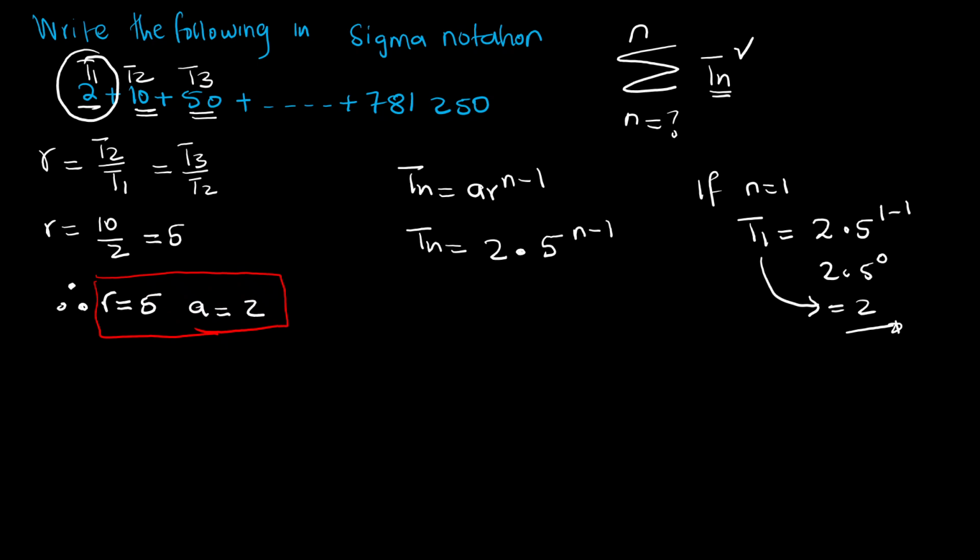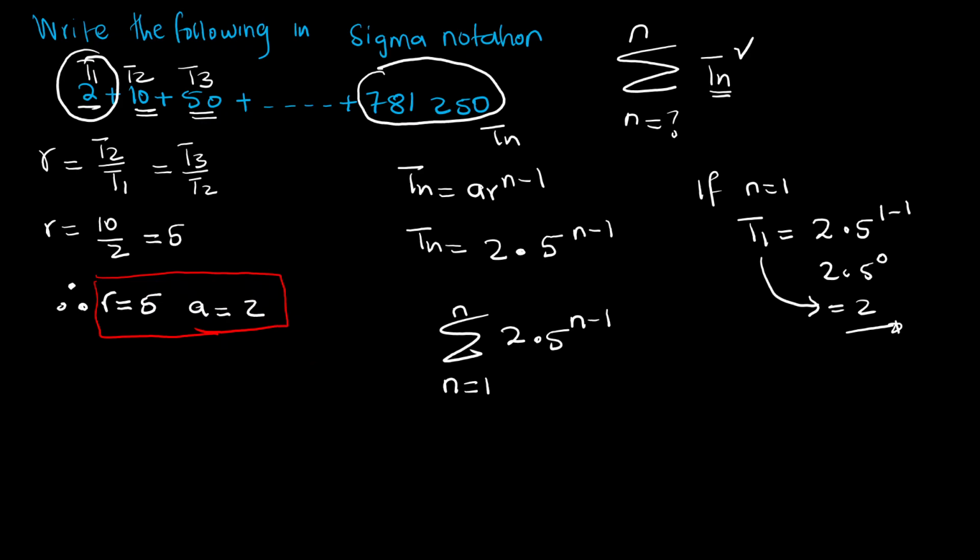So far, what we have is that this starts at n equals 1, because when we substitute 1, we get term number 1. The general term is 2 times 5 to the power n minus 1. Now we need to find n. How do we find n? We take your Tn and equate it to your general term.